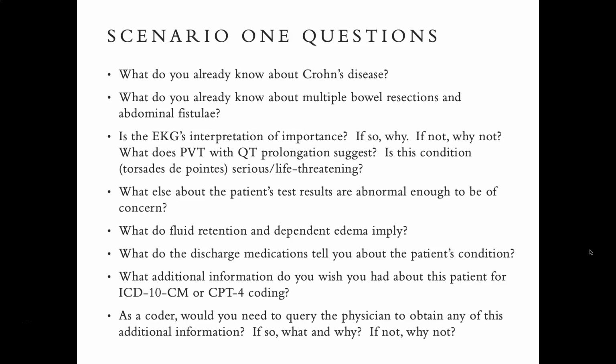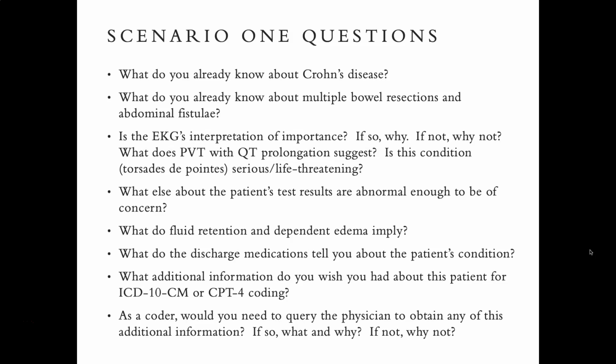What do you already know about multiple bowel resections and abdominal fistulae? Well, you know that with multiple bowel resections, she's obviously got a pretty sensitive abdominal area and high potential for abdominal adhesions and probably some issues with healing because they have these non-healing abdominal fistulae that don't seem to be able to be addressed.